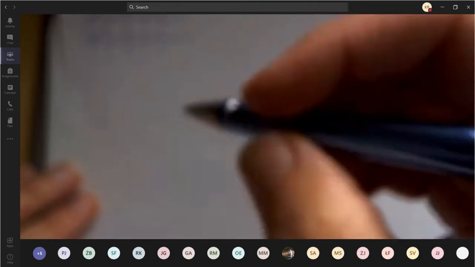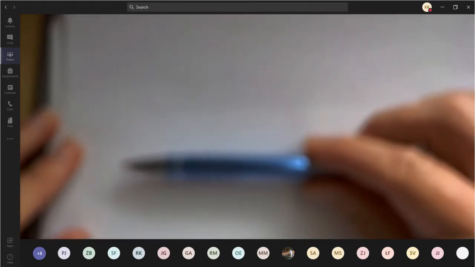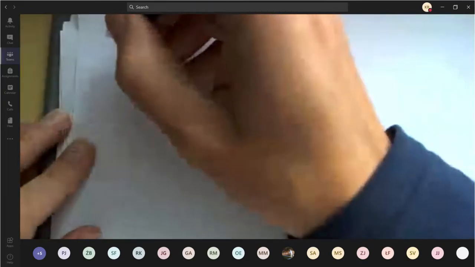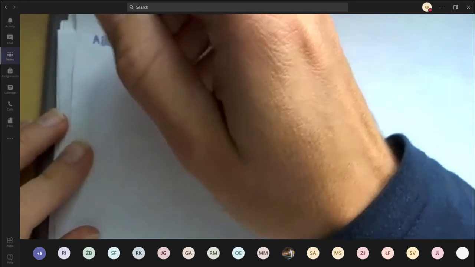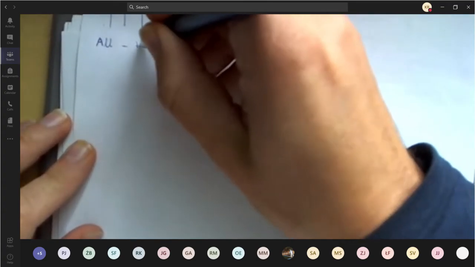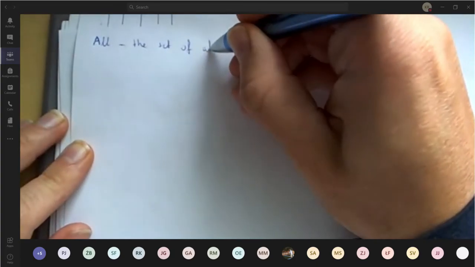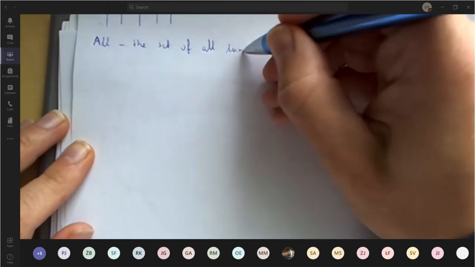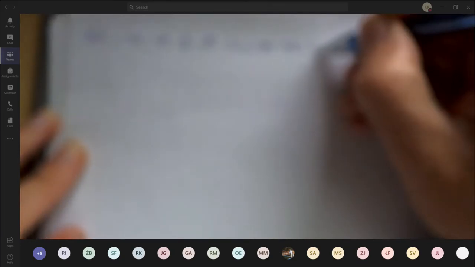I recall that we have denoted with ALL the set of all languages over, now we fix the alphabet, over 0, 1.